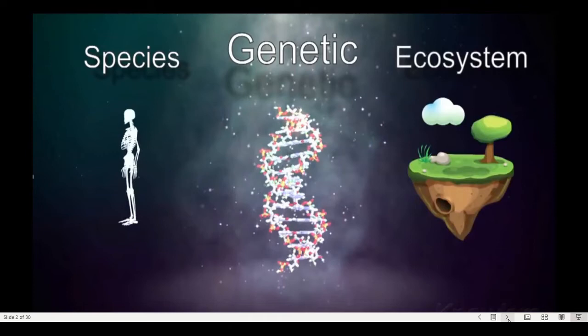So, if we are talking of the different species, then it's categorized as species diversity. Then, if it is in relationship with the genes of the organisms, then it is genetic diversity. And in terms of where they live and interact with one another, then it's under ecosystem.